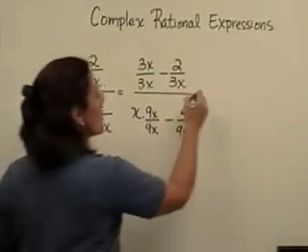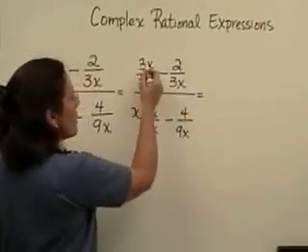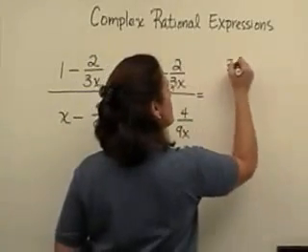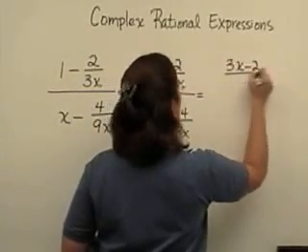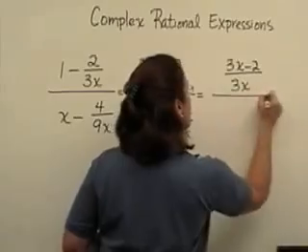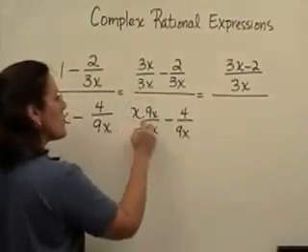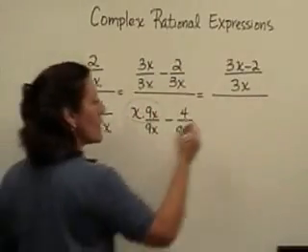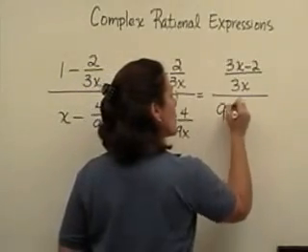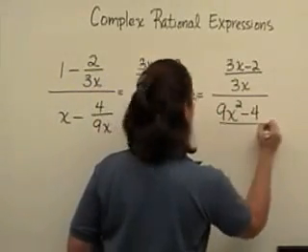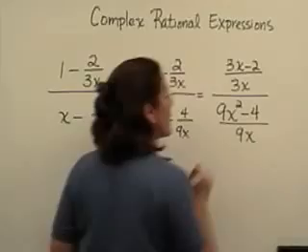And I'm going to go ahead and carry it one more step over here. Right here I'll have 3x minus 2 in the numerator over the 3x. And right here, please notice that this is going to become 9x squared. So I'll have 9x squared minus 4 over that 9x.